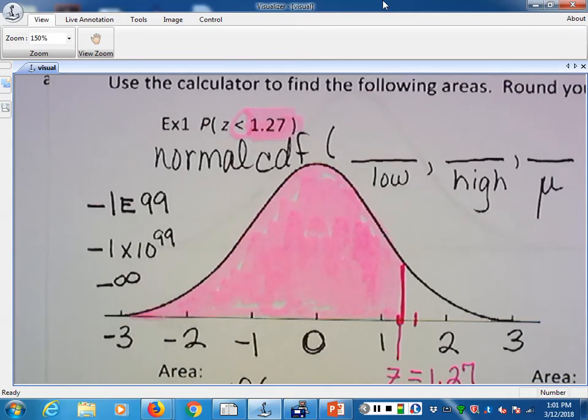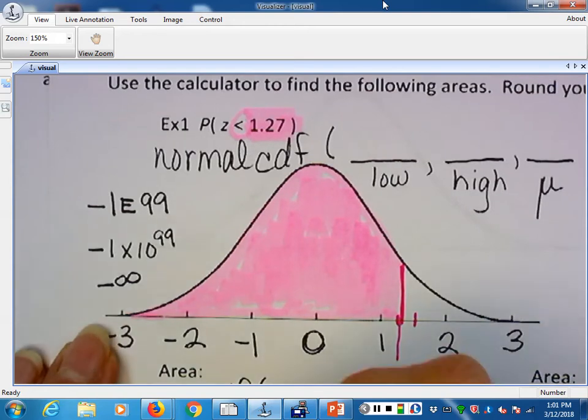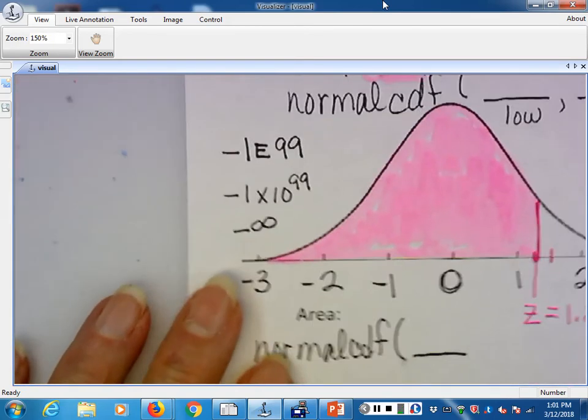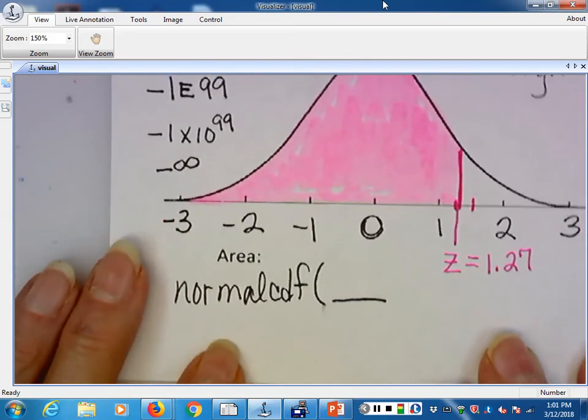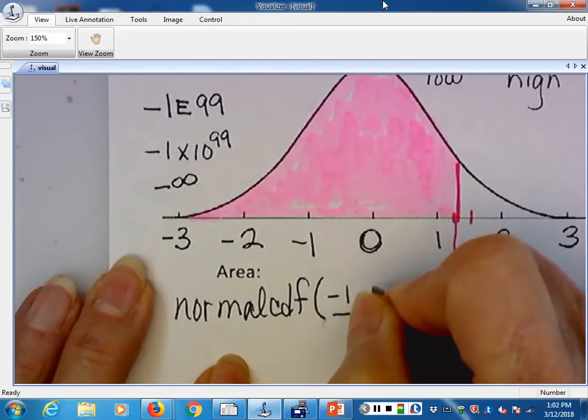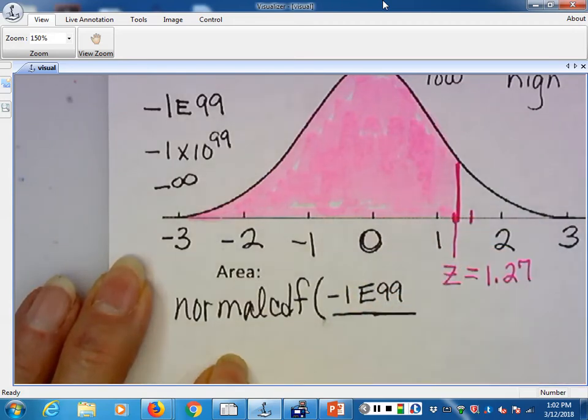So for negative infinity, we're going to use negative 1e 99. So when we enter in this command, normal CDF, we're going to use negative 1 e 99 for our lowest number. That's negative infinity.